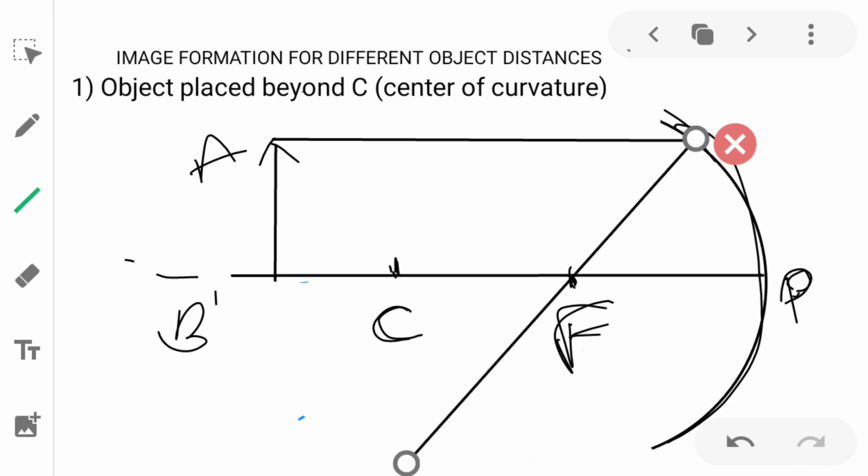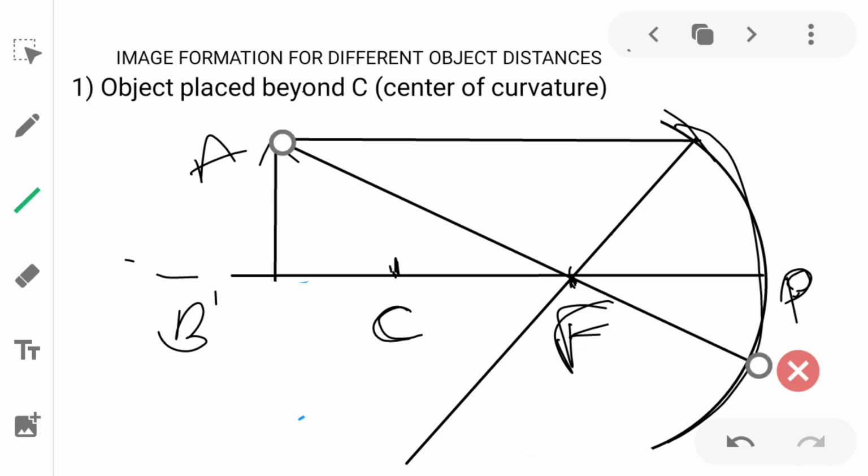The second ray I can consider for image formation is the incident ray which passes through the principal focus.